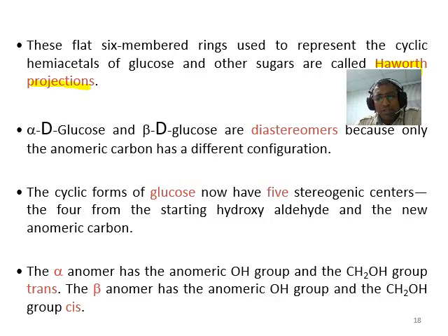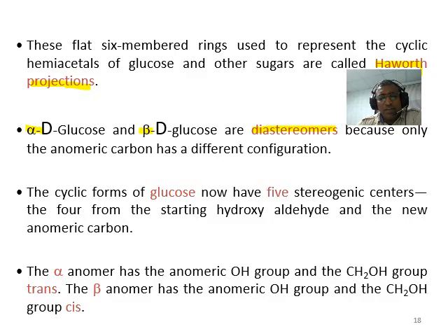And this is specifically in terms of how the cyclic structure can be seen in terms of its positioning. And then later you will see we will also talk about chair and boat projection, which is the best positioning of the structure. Both the alpha and beta D-glucose are considered diastereomers because of the two types of positioning of the OH.